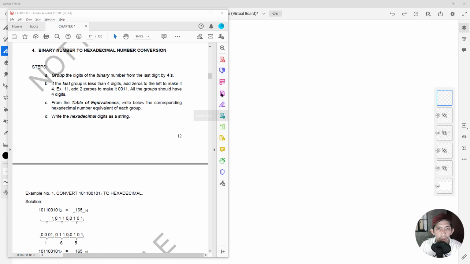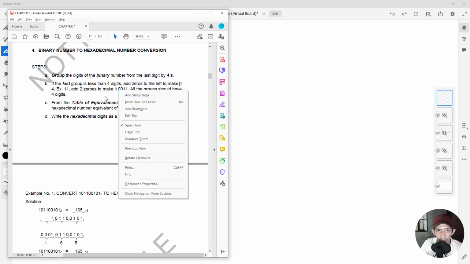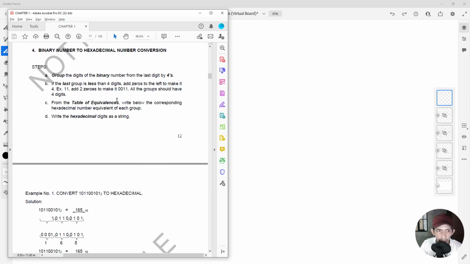Now for binary number to hexadecimal, it's the reverse. The steps are: group the digits of the binary number from the last digit by 4. If the last group is less than 4 digits, add zeros to the left to make it 4. Example: 1, 1, add 2 zeros to make it 0, 0, 1, 1. So all groups should have 4 digits.